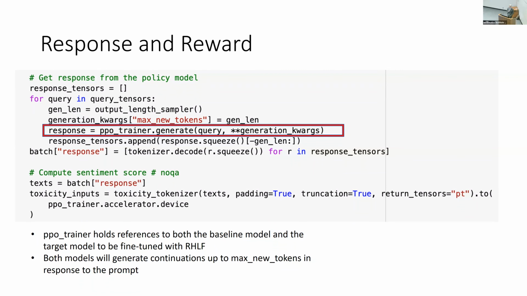So that's what's happening right there. And then once you have those responses generated from those prompts, maybe they're toxic, maybe they're not, you're going to put that response into toxicity inputs. I think we're missing it here, but on the next slide, I think we have it where they'll actually feed into the reward model. You can generate up to max new tokens basically for your response.